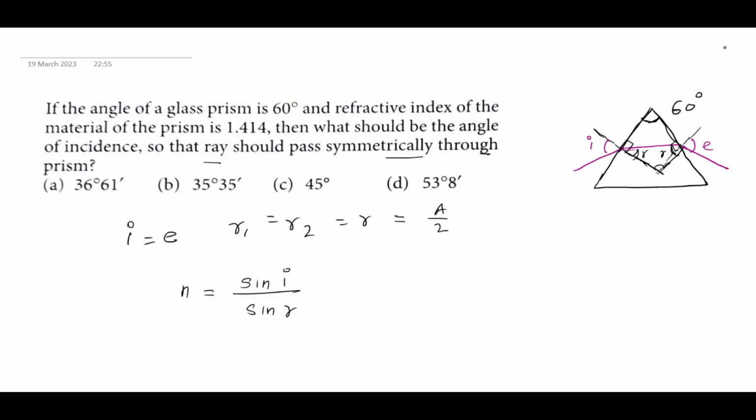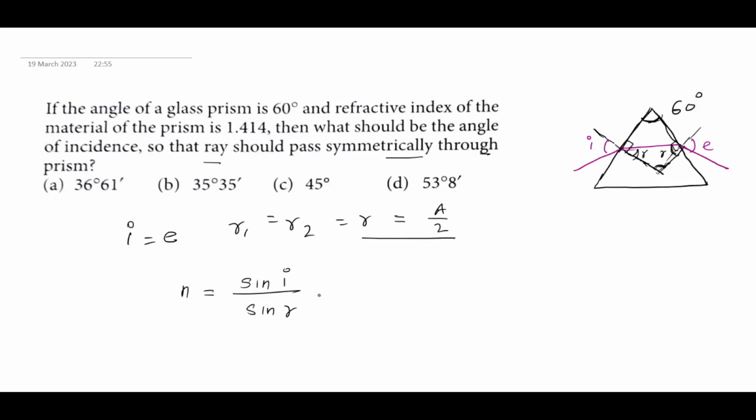Then if I consider this triangle, in that triangle, the sum of these three angles is 180 degrees. Now the sum of this angle and this angle is 180 degrees. Also the sum of these three angles is 180 degrees. So it suggests that 2R is equal to A. Okay, we have already discussed this derivation.